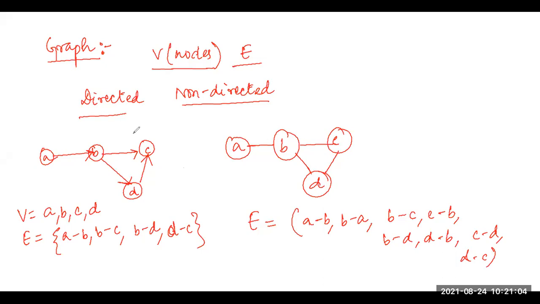But for directed graphs, I can only reach from B to D and not from D to B. So this is the difference between a directed and a non-directed graph.